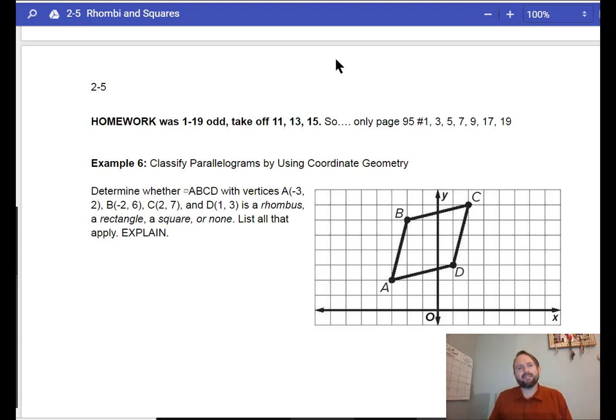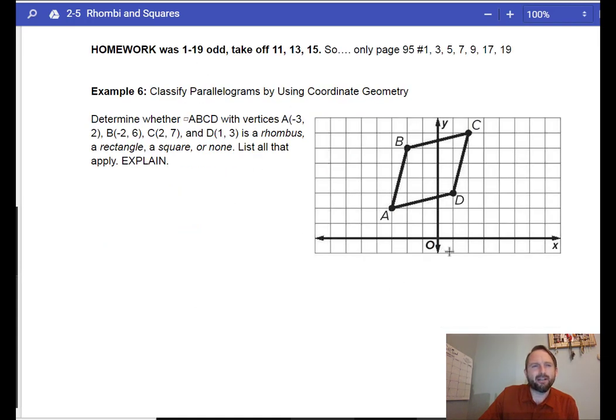Now let's go to the last example. Now we're going to determine if this is a rhombus, rectangle, square, or none. The first thing I would do is ask, how can I figure out what this is? Are these parallel? Let's say the slope of BC.